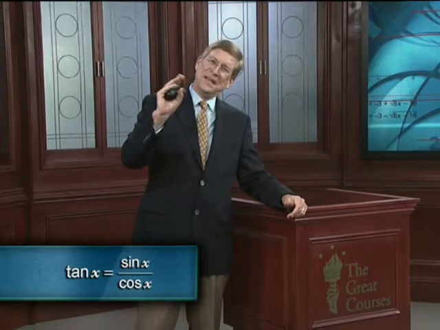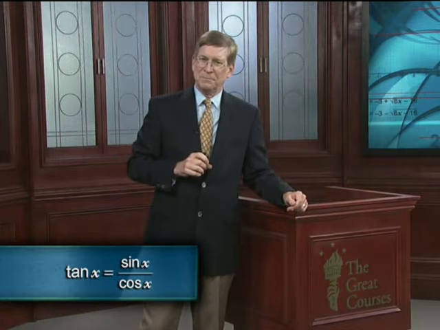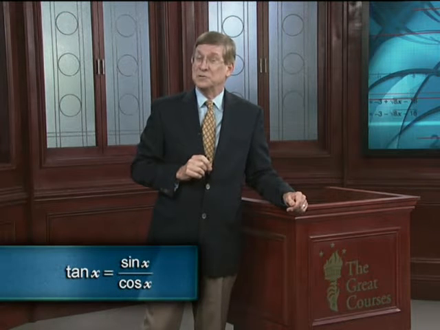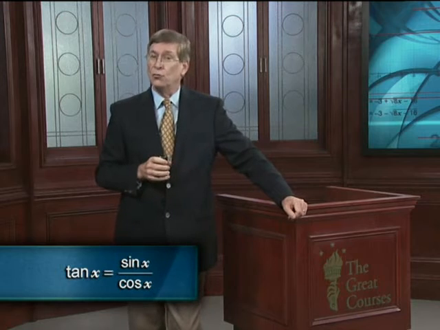So let's now go to the tangent function. This is a neat graph. You'll like this graph. Let's see how to find out what it looks like. First of all, tangent is sine over cosine. So already I see a problem. The denominator might be 0. Cosine x could be 0, and hence the domain of the tangent function is not all real numbers.